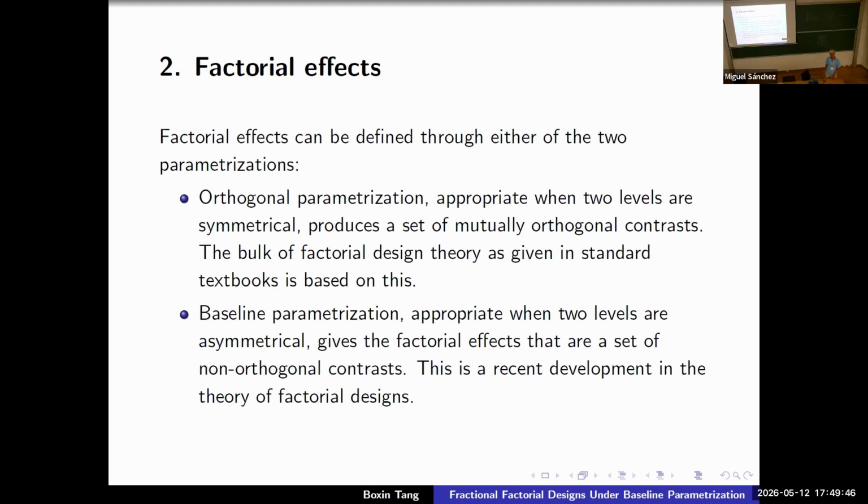If you read any standard textbook, you will see that the standard theory of factorial design is based on orthogonal parameterization. Baseline parameterization is useful when the two levels are asymmetrical, and it gives sets of factorial effects. Yes, these are contrasts, but the contrasts are not orthogonal. That makes the theory a little bit difficult to develop. This is a relatively recent development in the theory of factorial design.